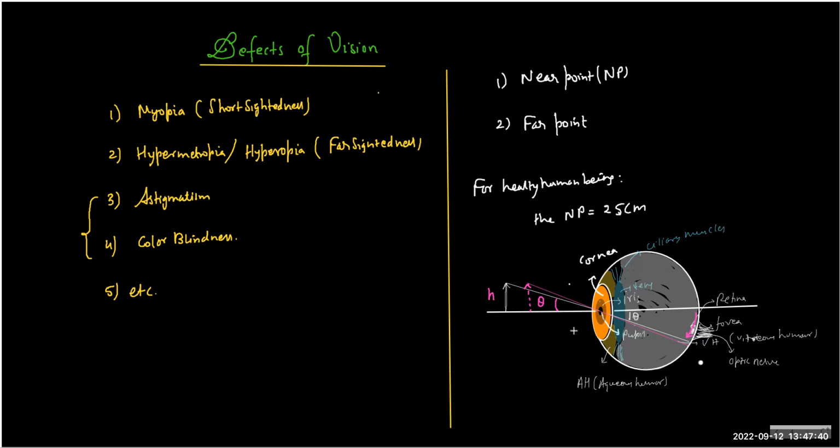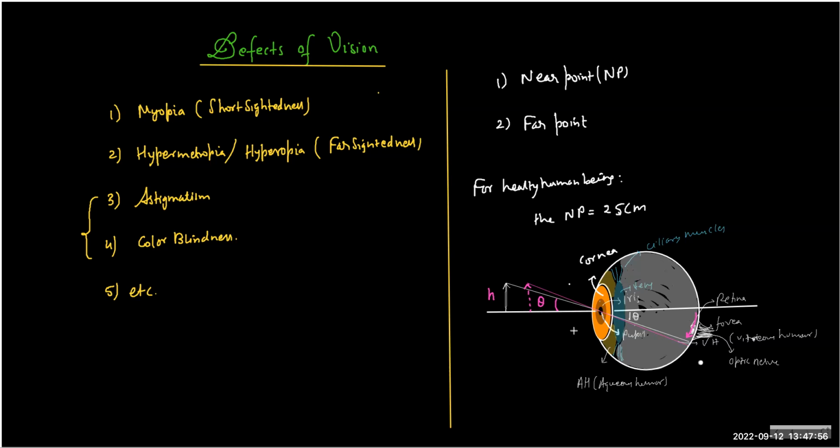So the closest point at which you can see the object clearly, what does it mean? The nearest point, the NP. Are you getting the idea? What is NP?